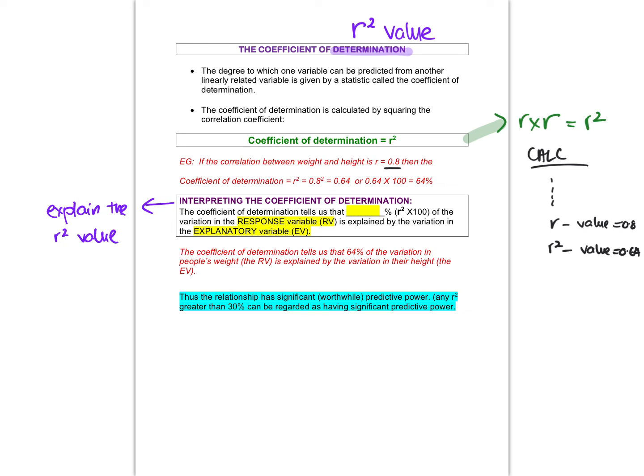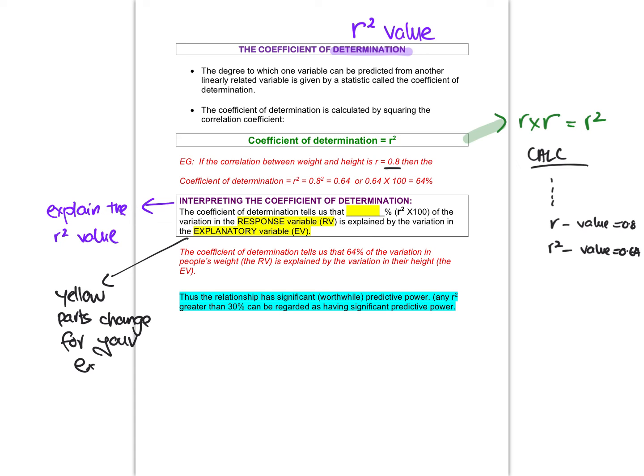So I've written a statement that you just copy out, and the yellow parts mean you have to change them for your example.